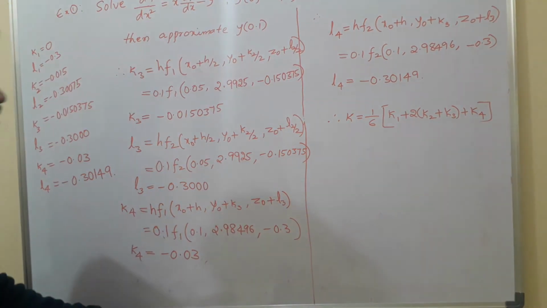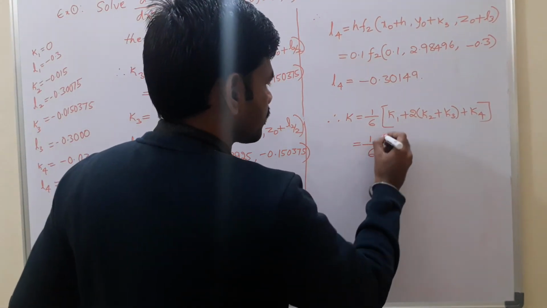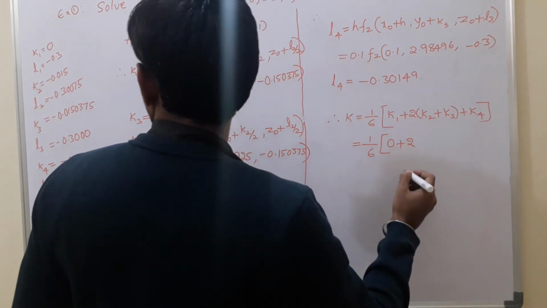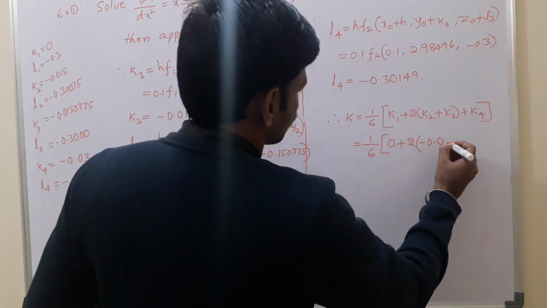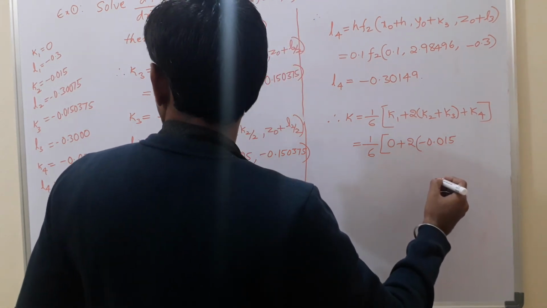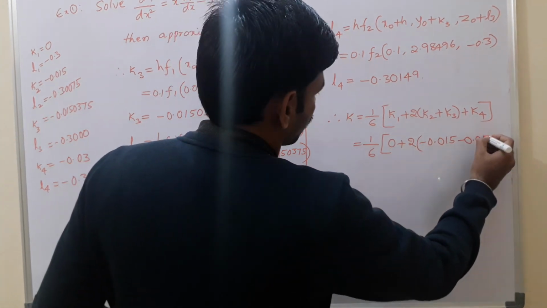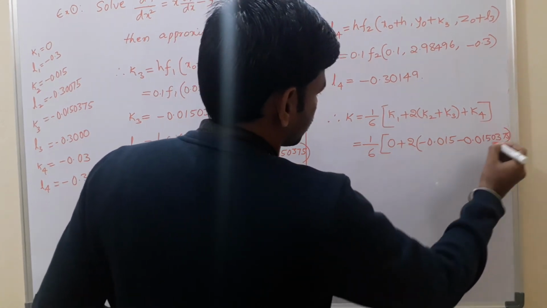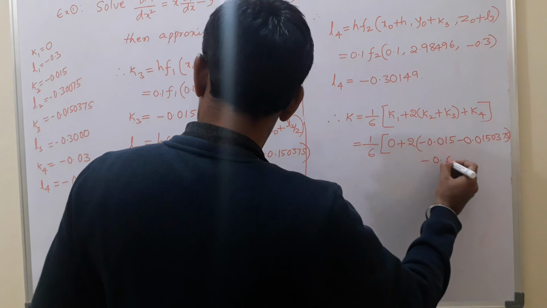Substituting the values of k1, k2, k3, k4, we get 1 by 6 of k1 is 0 plus 2 into k2, which is minus 0.015, and k3 is minus 0.0150375 and k4 is minus 0.03.